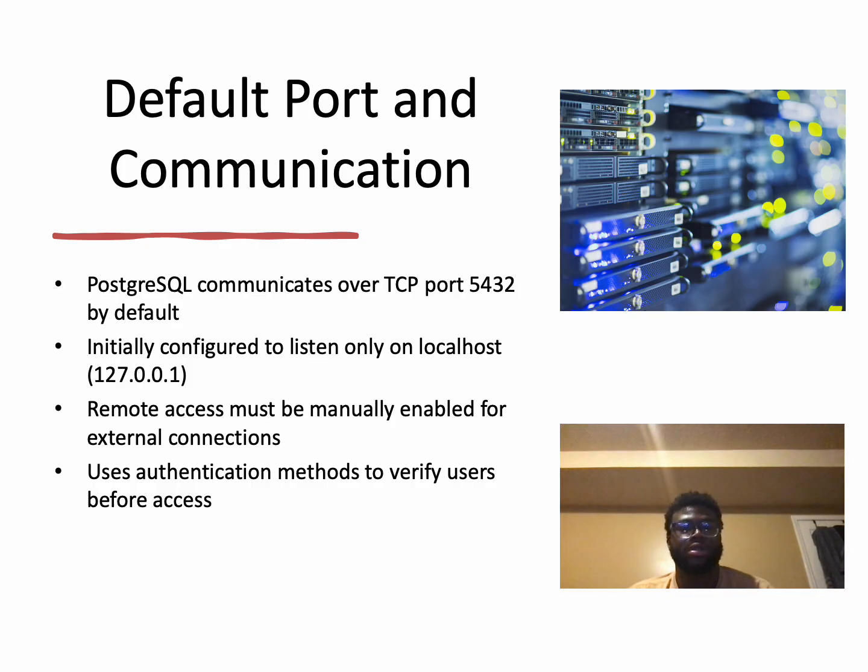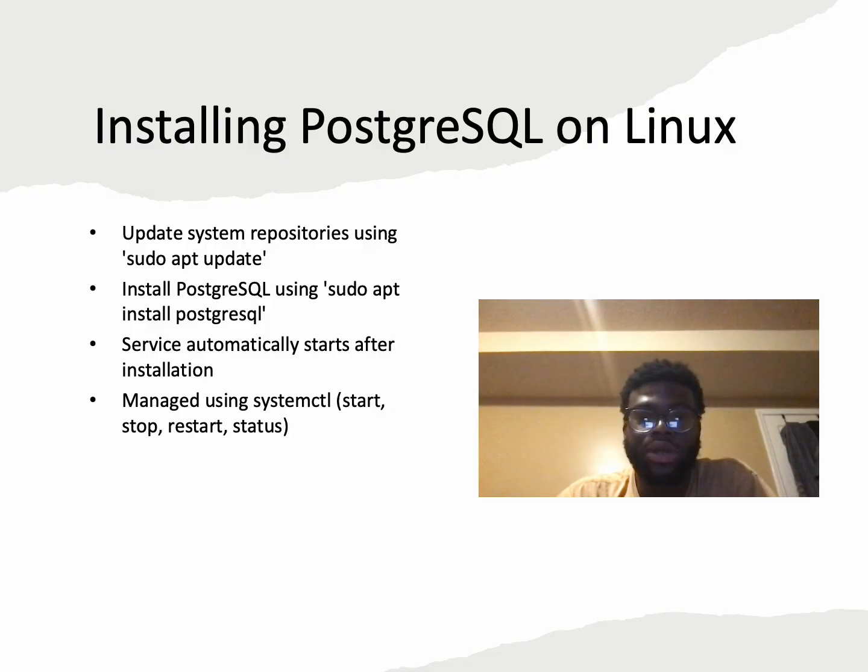On to the next: installing PostgreSQL on Linux. This is the command you use. First, update the system repositories using the sudo apt update command, and once that is updated, install PostgreSQL using sudo apt install postgresql. Once it is installed, the service will automatically start after the installation.